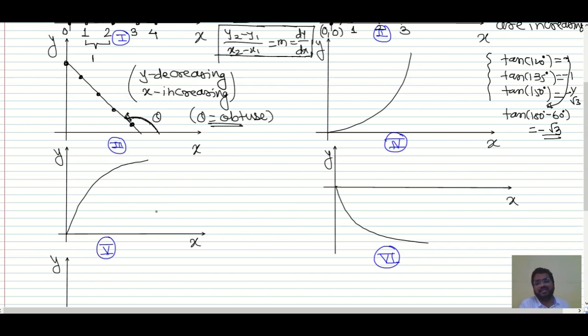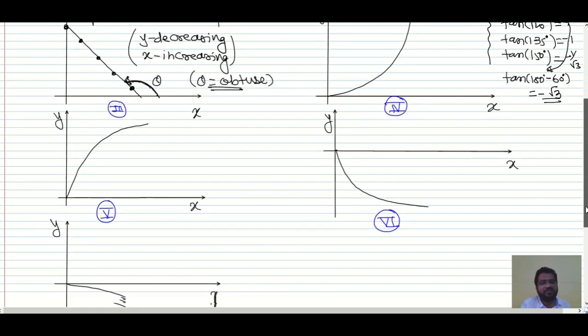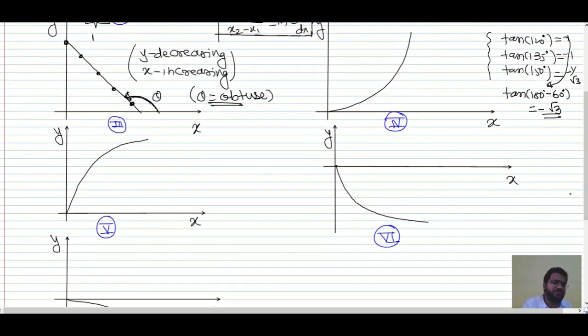Now these four graphs are very important, really very important, right? So see here, y and x. As x is increasing, in a very small duration, y is increasing rapidly.